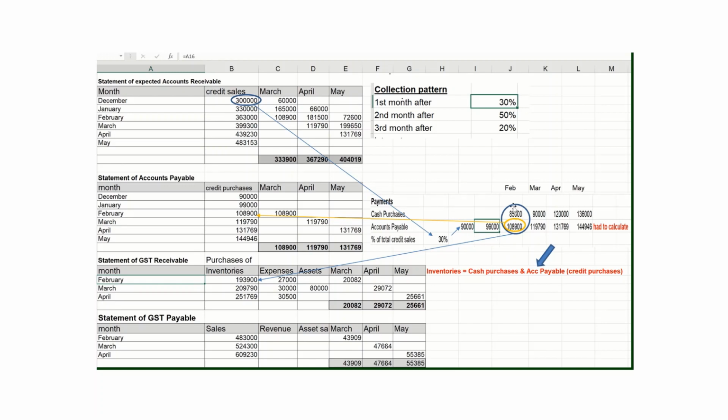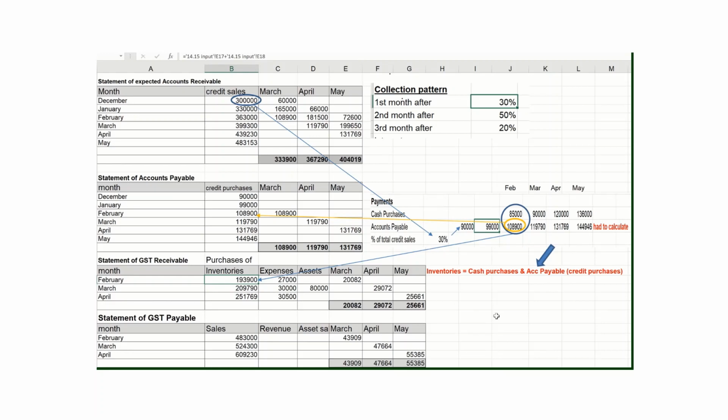Now, I've shown here in blue, when we talk about purchases of inventories, we talk about the total amount of purchases, the cash purchases, plus the credit purchases. Now remember, we've already calculated the credit purchases when we did our statement of accounts payable. So it's that total amount in blue that becomes my purchases here.